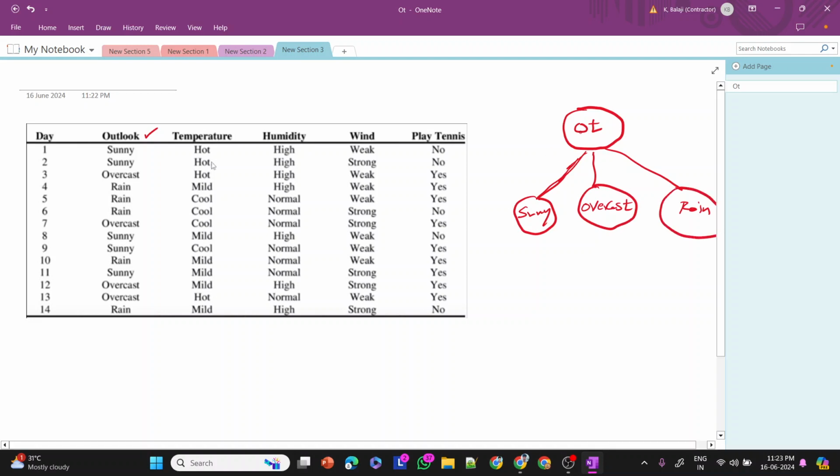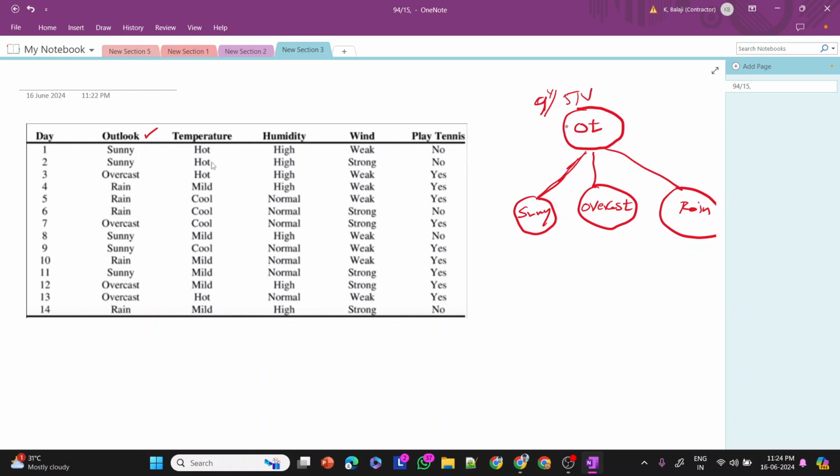Totally the Outlook has 9 yeses and 5 nos.